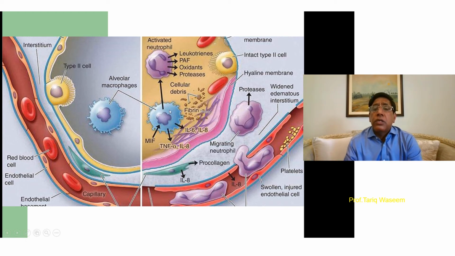The fibrosed alveoli would be difficult to distend, and when they are not distended, ventilation can't take place, and when ventilation can't take place, the next step, gas exchange, can't take place. This is what leads to dyspnea or hypoxemia.